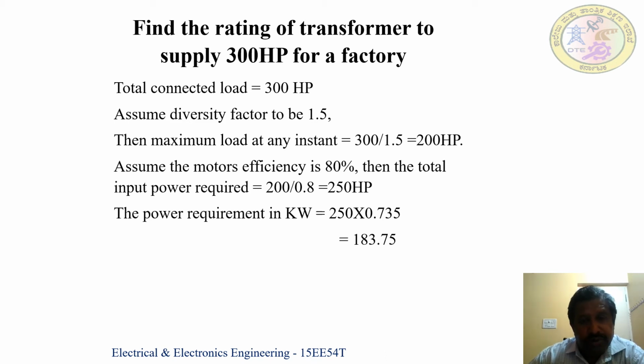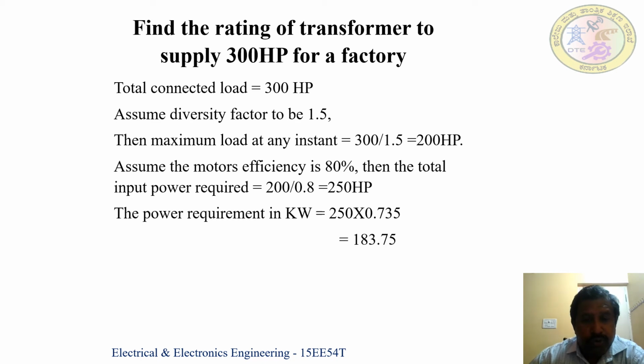The normal assumption is 1.5. Then the maximum load at any instant is the total connected load divided by the diversity factor. So that is 300 divided by 1.5. That gives 200 HP. So this is the motor output.